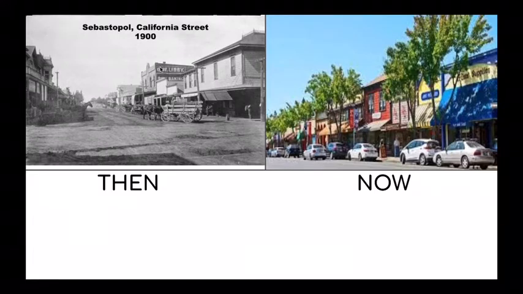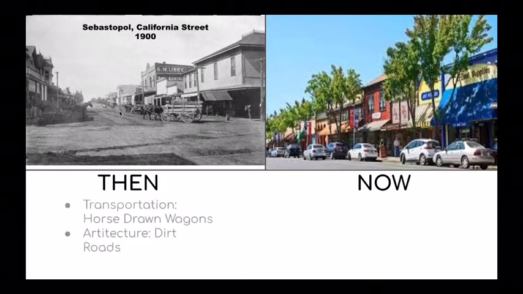So a lot of buildings were built out of brick in those days, also out of wood. And the roads, if you look at the roads, it's dirt roads. So you're seeing that instead of asphalt here, these are dirt roads. And it doesn't really look like they had cement walkways. So in here, there are cement walkways. So you're seeing that there's a lot of differences, right? At least in the architecture of it.